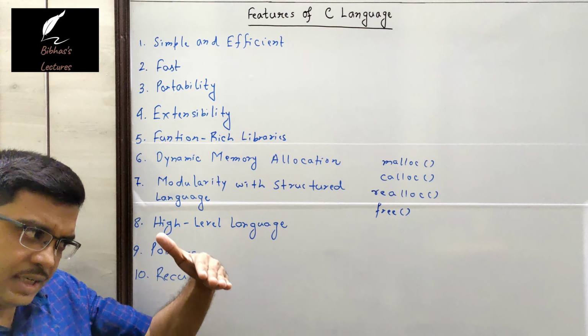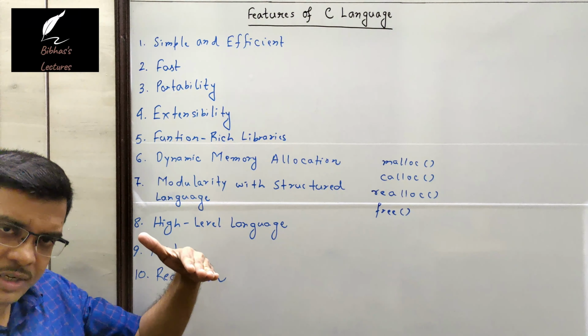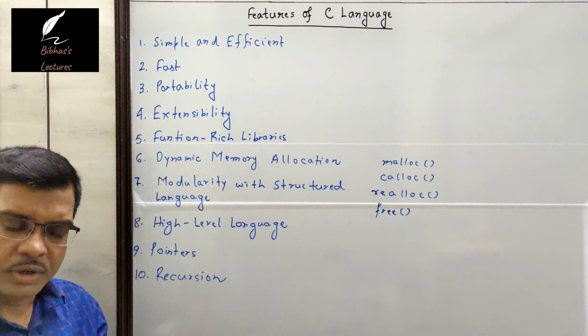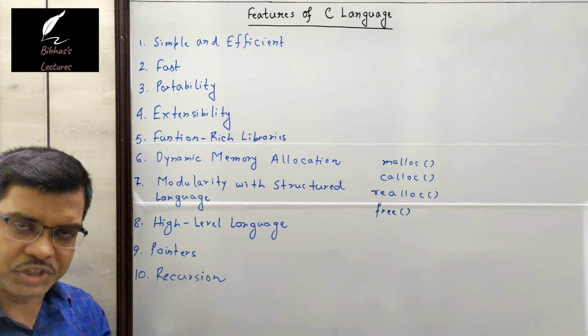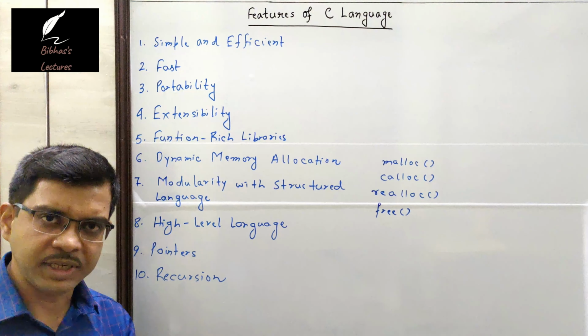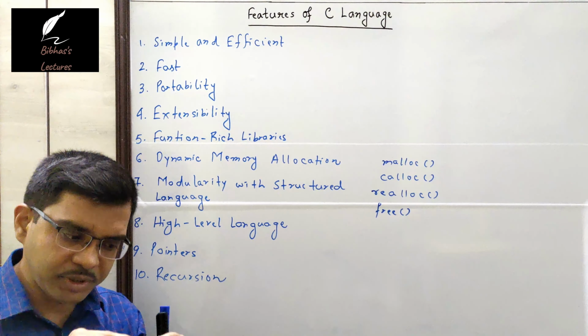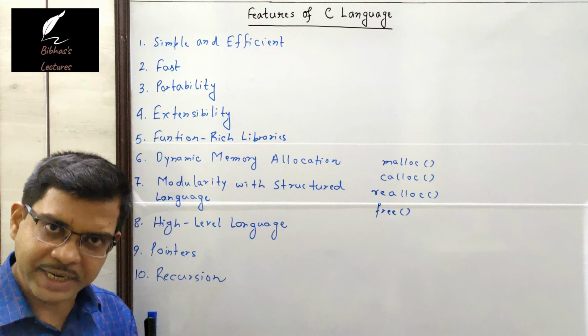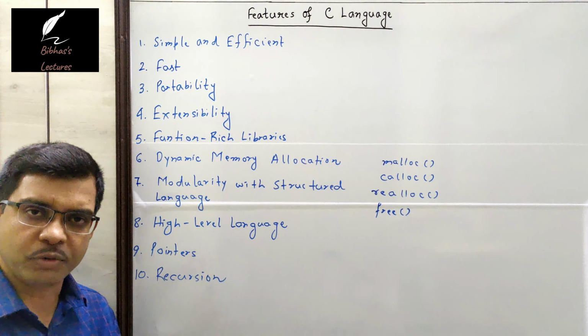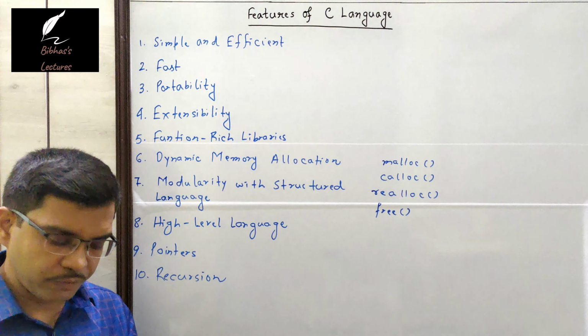For the time being, understand that if a function calls itself again and again, this is called recursion. By using this feature, C language provides the facility of reusability of code. That means the same code is being executed again and again with the help of recursion.